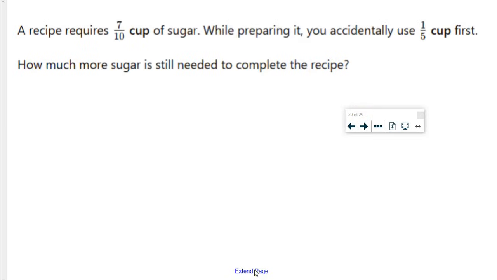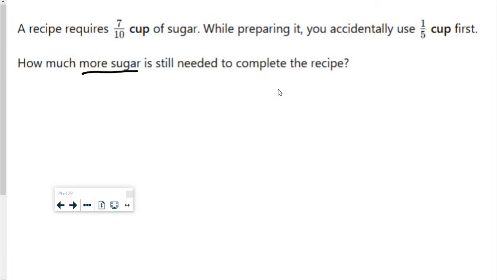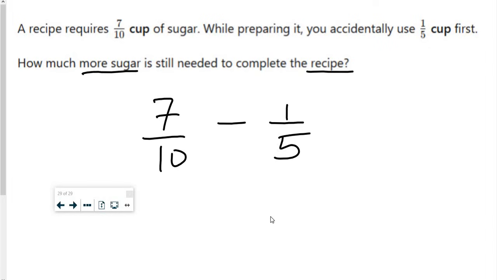Okay, last question, and sorry for the very lengthy video. A recipe requires 7/10 cup of sugar. While preparing it, you accidentally use 1/5 cup first. How much more sugar is still needed to complete the recipe? So first take 7 upon 10, you have to minus 1/5. Because a recipe requires 7 upon 10 cup of sugar, and while preparing it, you accidentally use 1/5 cup first.